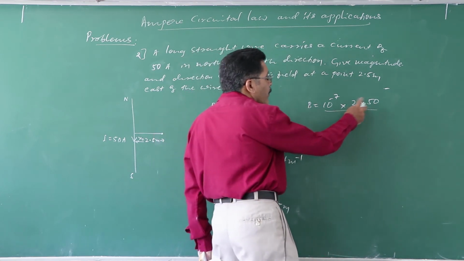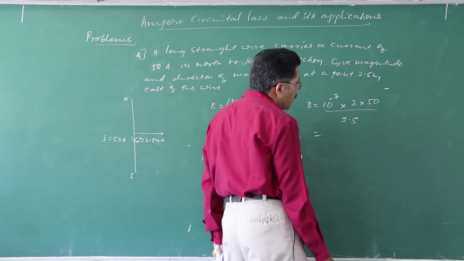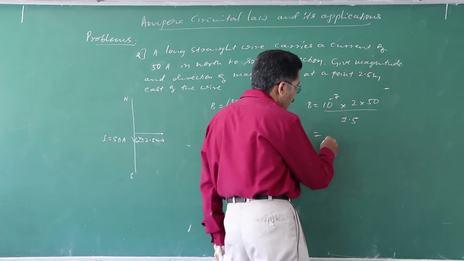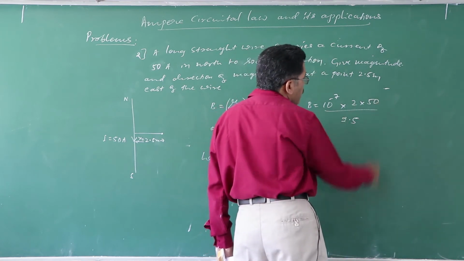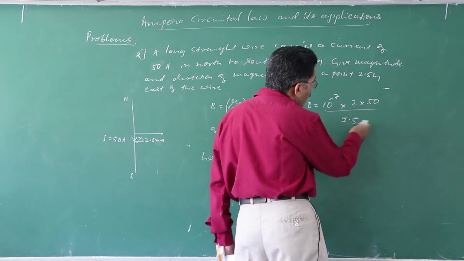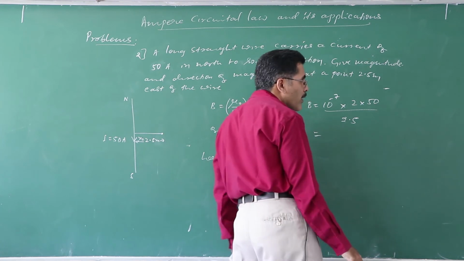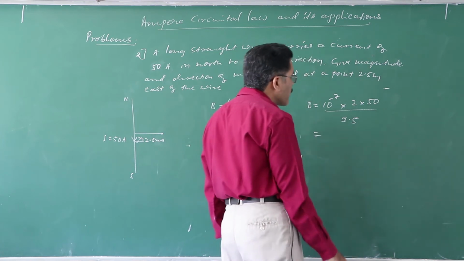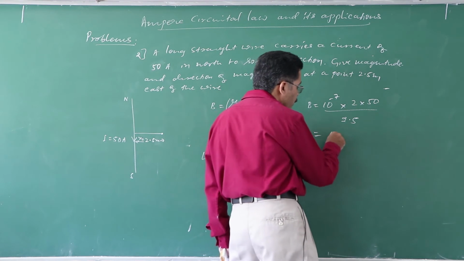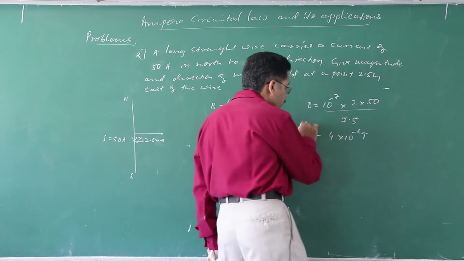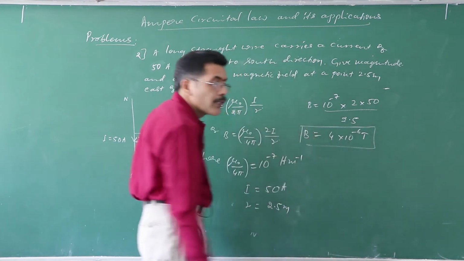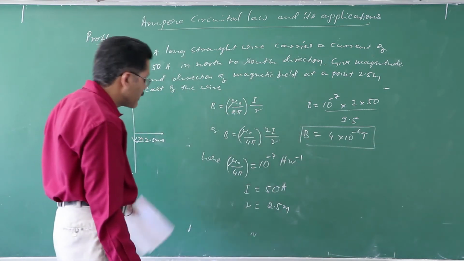This is 100 by 2.5, which comes out to be 40. So B is 4 into 10 raised to minus 6 Tesla.